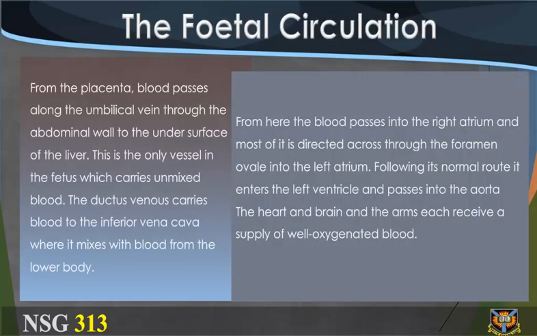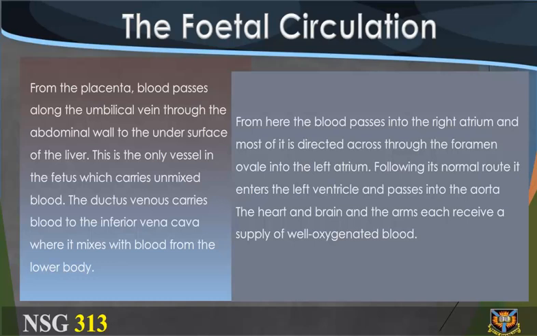From the placenta, blood passes along the umbilical vein through the abdominal wall to the surface of the liver. This is the only vessel in the fetus which carries unmixed blood. The ductus venosus carries blood to the inferior vena cava, where it mixes with blood from the lower body.